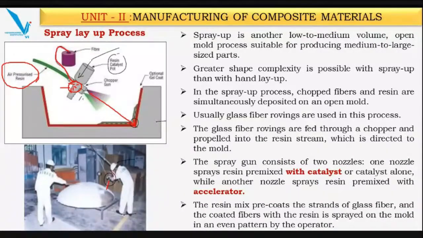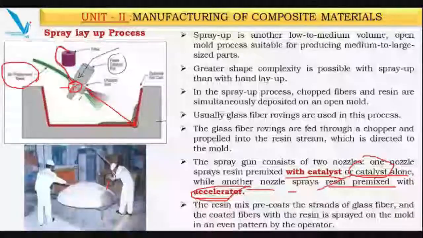Now here you need to control this: there is a separate nozzle for resin. You can see one nozzle sprays resin premixed with the catalyst, and another nozzle has resin premixed with the accelerator. When the accelerator and catalyst are mixed together, the curing process starts immediately.